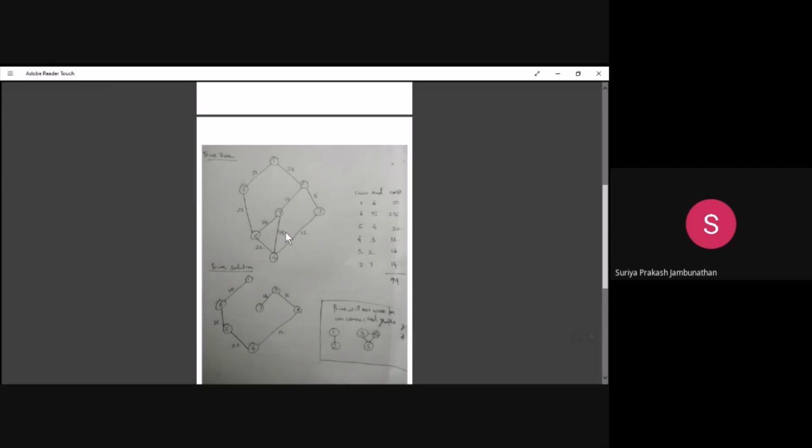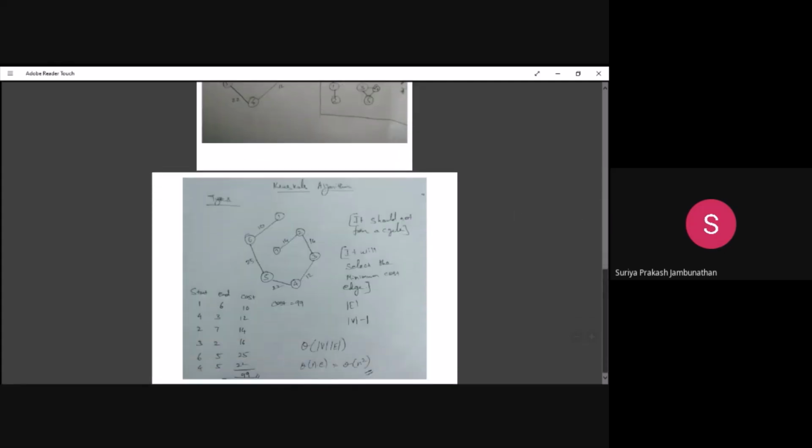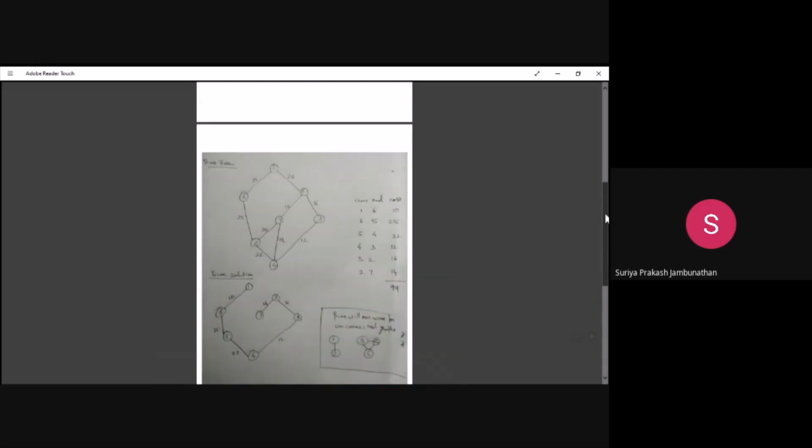After 18, which is the next greater value? 22. Which edge has 22? 5 to 4 has 22, so we take 5 to 4. Next we consider the next highest value.